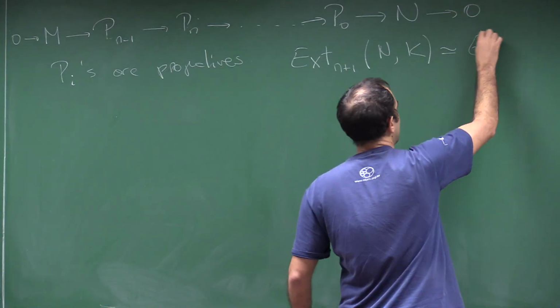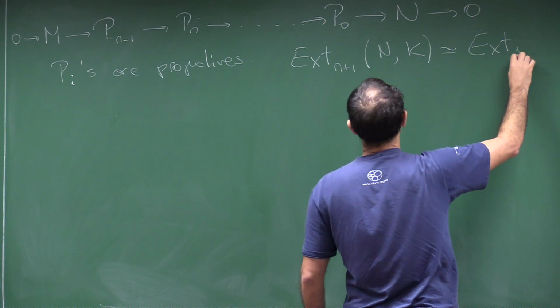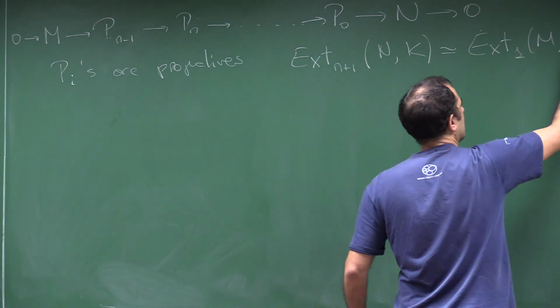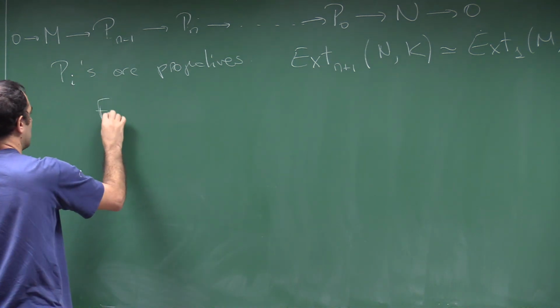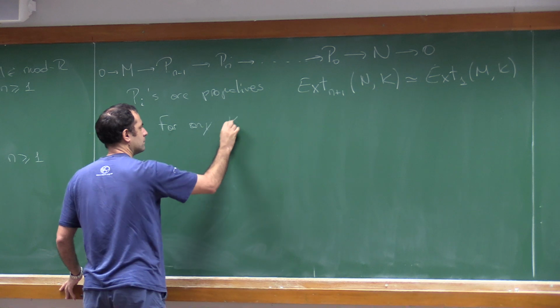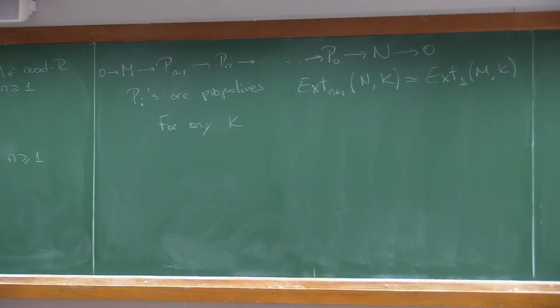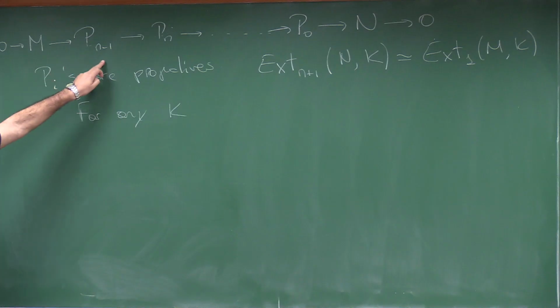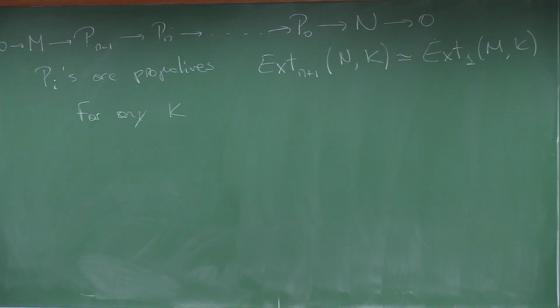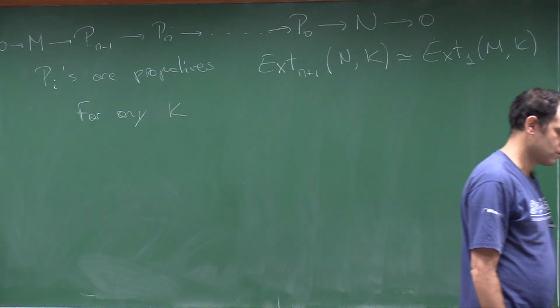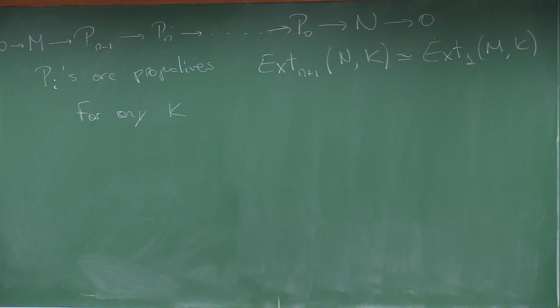Then this is the same as Ext^1(M, K), and this is for any K. Hopefully it was like that and not an n here. We'll get to fix it if it's wrong. But that's something, and the same doubt appeared when we proved this statement. All right, so what else? I think that's everything I need for today.